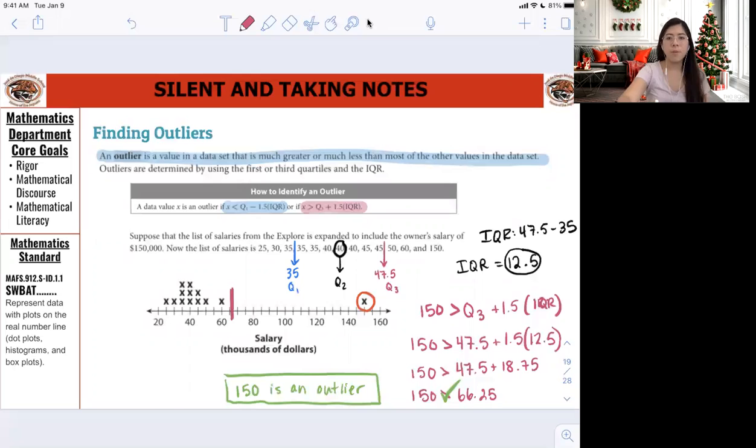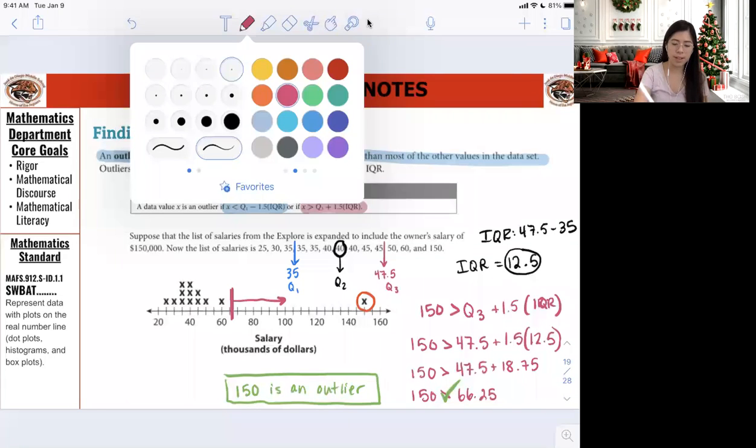Any value greater than that, anything in this direction, is an outlier. So that's kind of like the limit. Anything greater than that is a true outlier. And same thing goes on the other side, but we haven't calculated that yet. We're going to do that in the next slide.